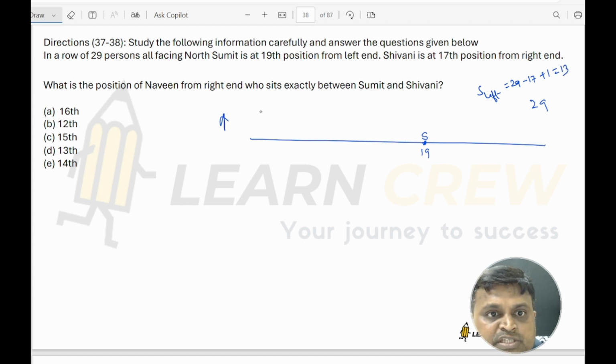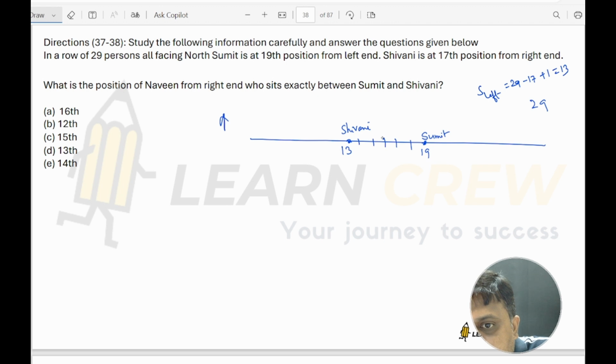So Shivani would be 13th, and Sumit is 19th. Now what is the position of Naveen from right end, who sits exactly between Sumit and Shivani?